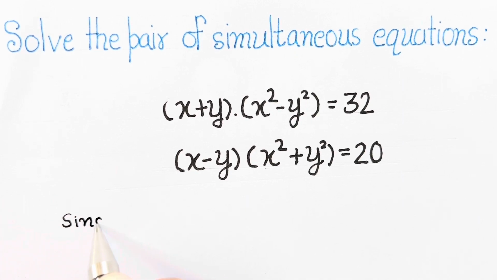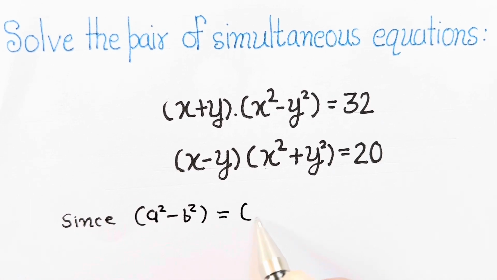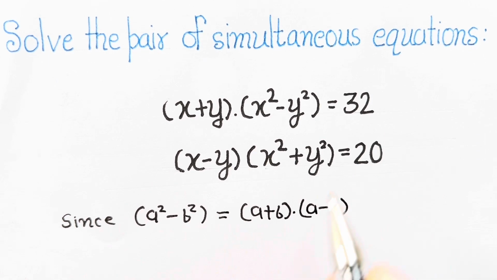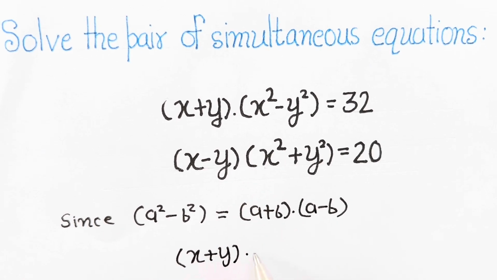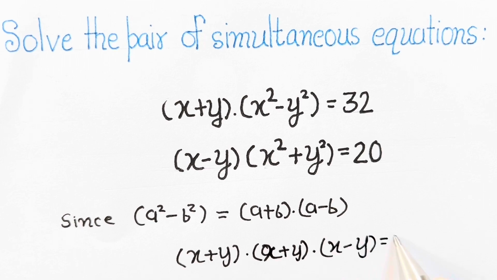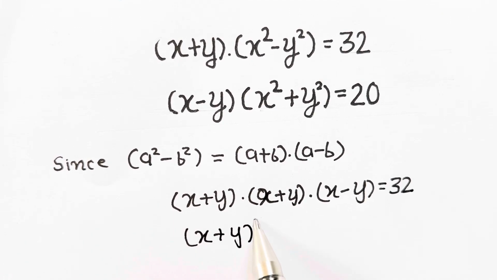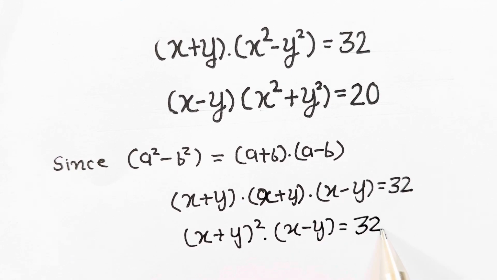Since a square minus b square is equal to a plus b into a minus b, we may write the first equation as x plus y into x square minus y square, as x plus y into x minus y, is equal to 32. x plus y into x plus y will become x plus y the whole square into x minus y is equal to 32.